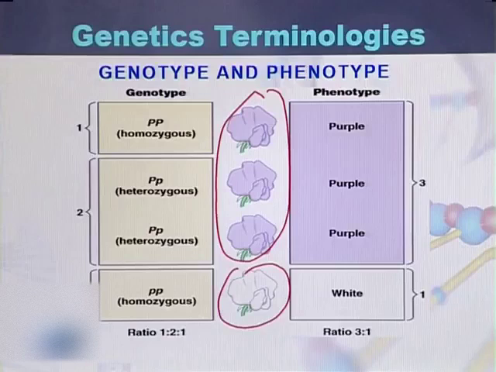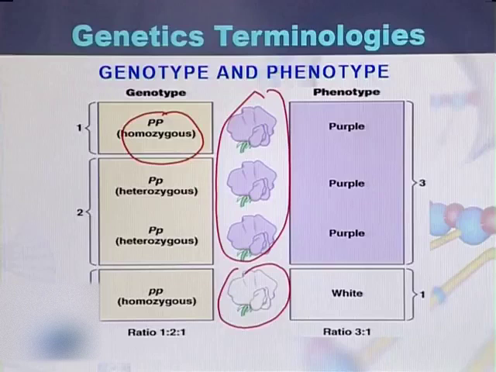While purple color has two types of genotype. One is homozygous, capital P and capital P, while this plant is heterozygous, one capital P and one small p. So purple color has two types of genotypes, homozygous and heterozygous.